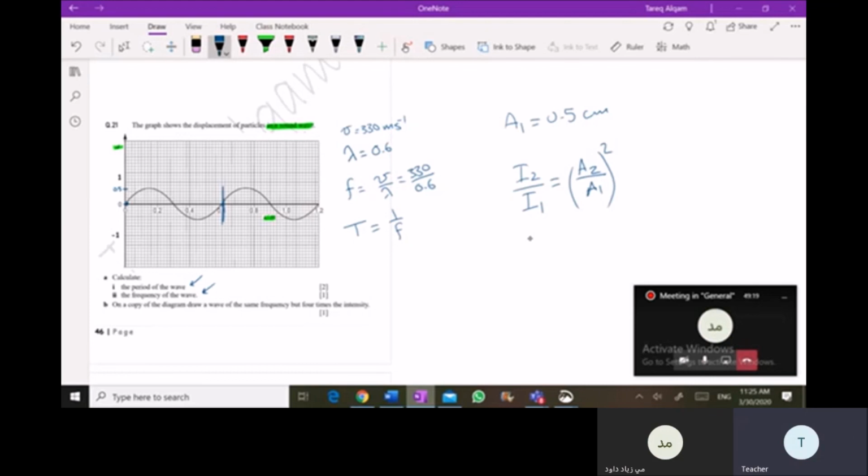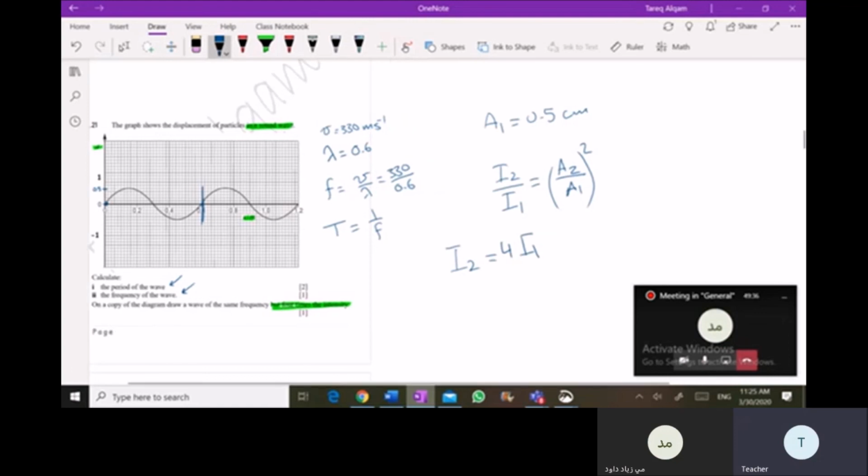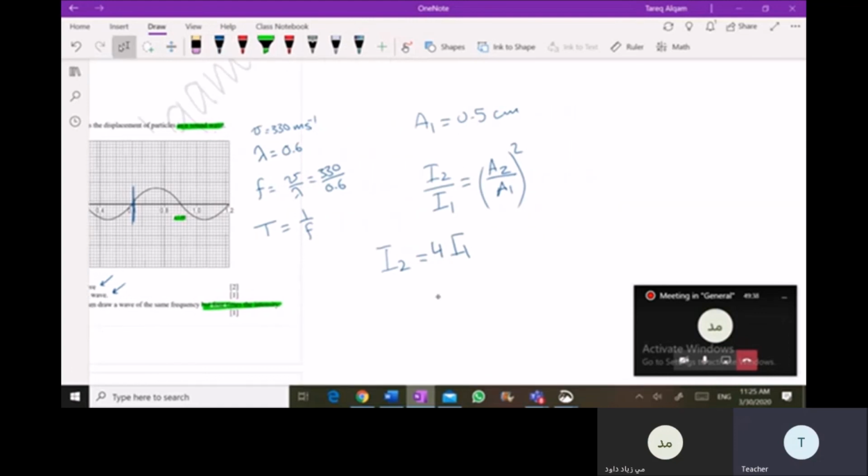We are given that the new intensity is 4 times the original intensity. So substitute: 4I1 over I1 equals A2 over A1, which is 0.5, squared.